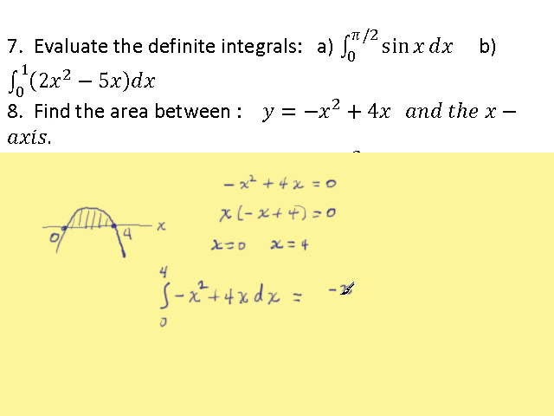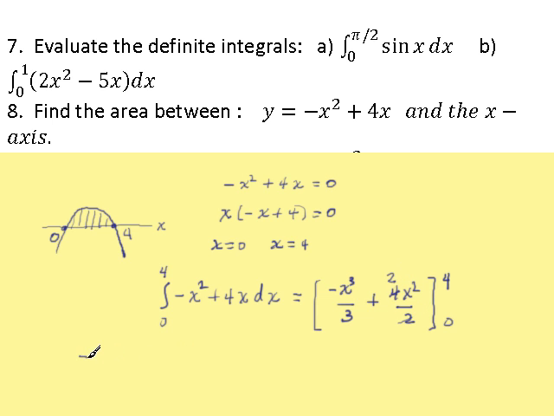That's equal to minus x cubed over 3 plus 4x squared over 2. Let's just substitute in here. Let me reduce that. That's a 2.